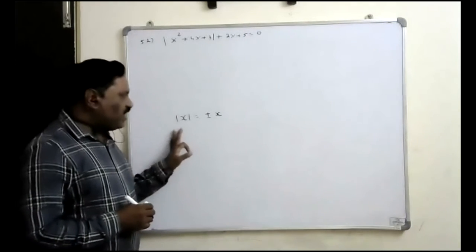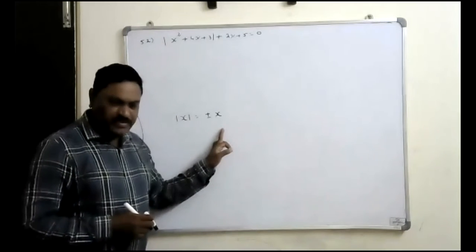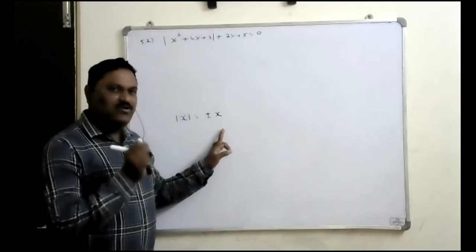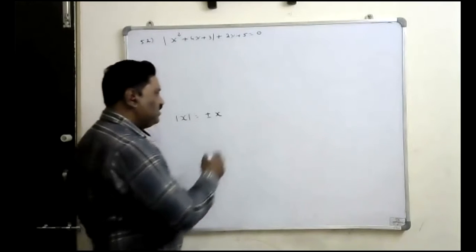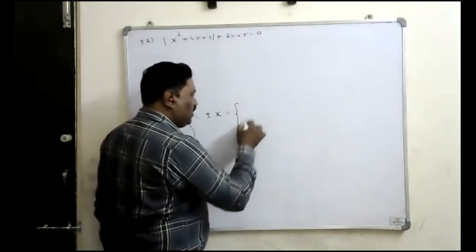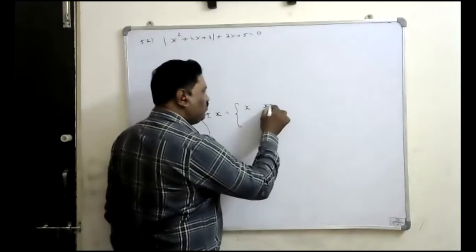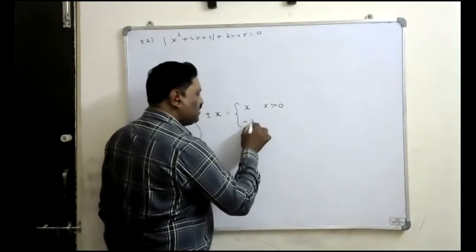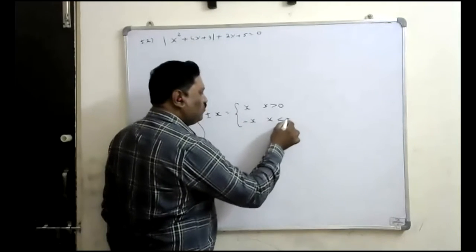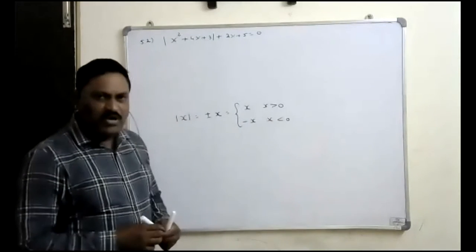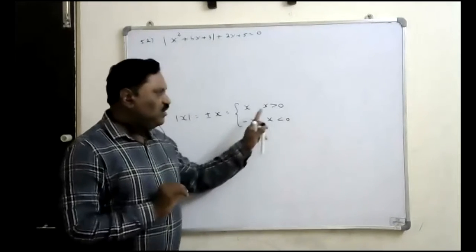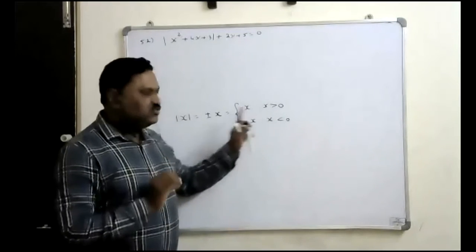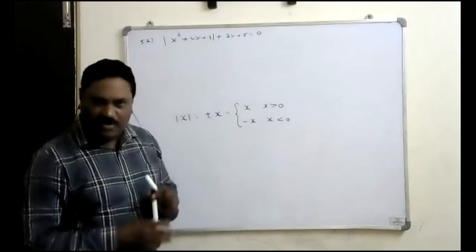But when do we take plus and when minus? It is x when x is positive, and we take the minus sign when x is negative. If that variable is negative, we take the minus of it. If it is positive, we directly take the plus of it.